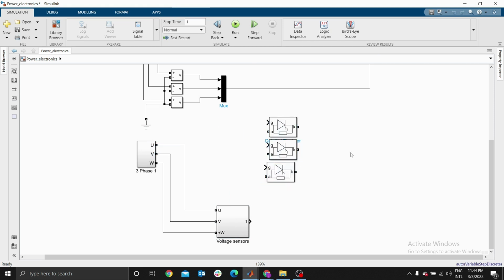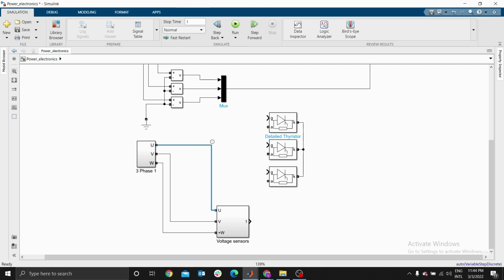We just need 3 of them, and we can now connect K to K, all of them, like that. Then I need to connect U to A. Then I need to connect V to A, W to A.